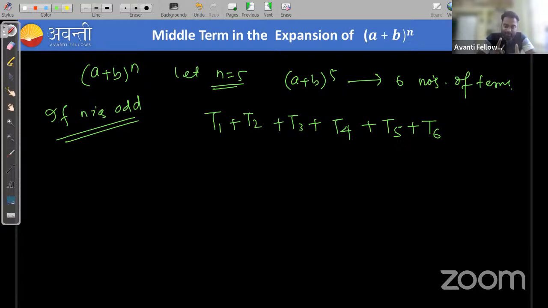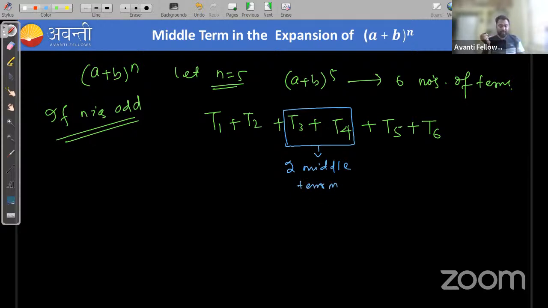We are getting 2 middle terms, one is T3 and the other is T4. So when n is odd, we get 2 middle terms, because to the right of T3 and T4 we have two terms, T5 and T6, and to the left we have T1 and T2.